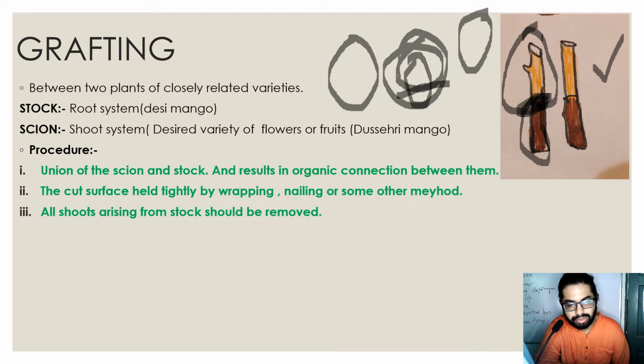The root system is known as the stalk, so any shoots that arise here are not required because this has to be strong. These unwanted shoots are taken out because we want a new plant from the scion, not from the stalk. So this is called grafting.